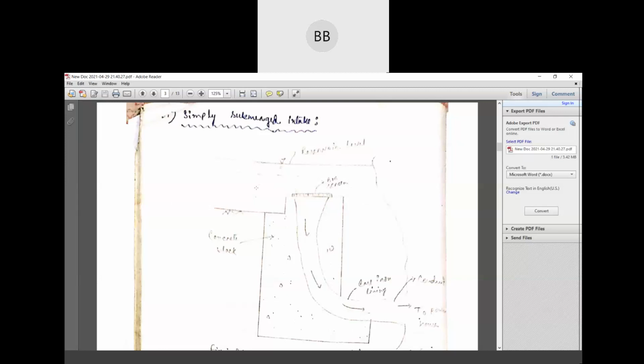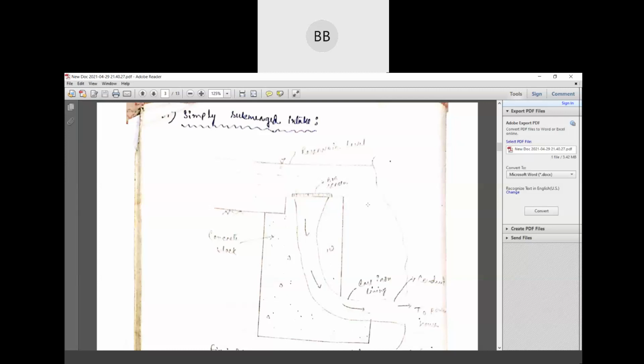But the advantage is it requires low cost. Nowadays we don't use this simple submerged structure. Anyway, we can use it for a minor project at a very high elevation where your sediment content is very less. In those rivers we can still use it in some cases, but it's very rare.